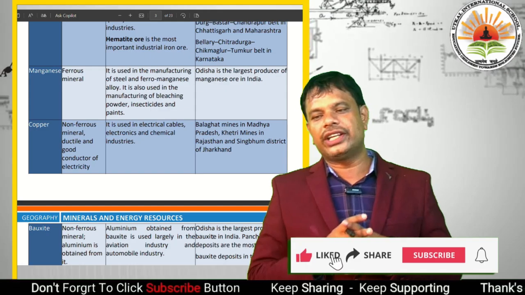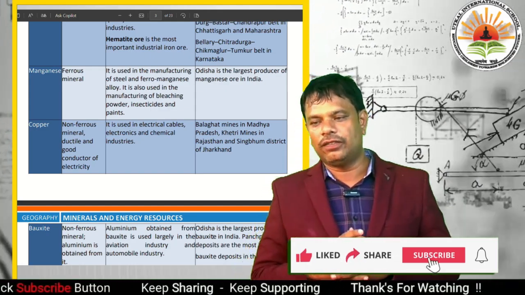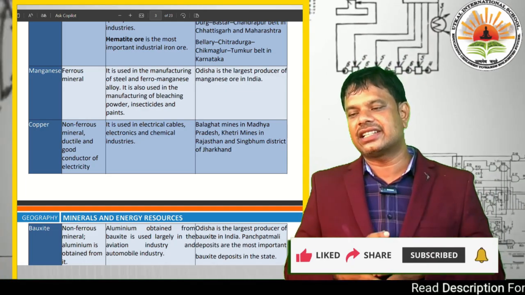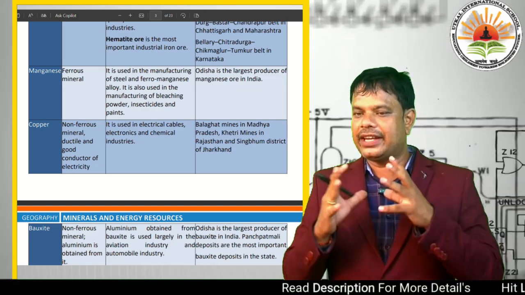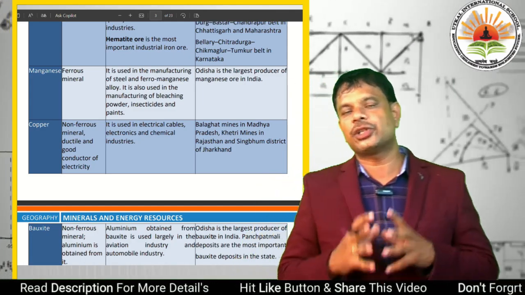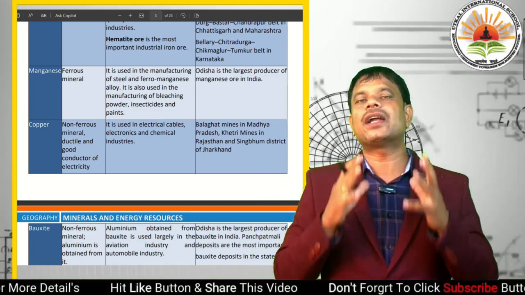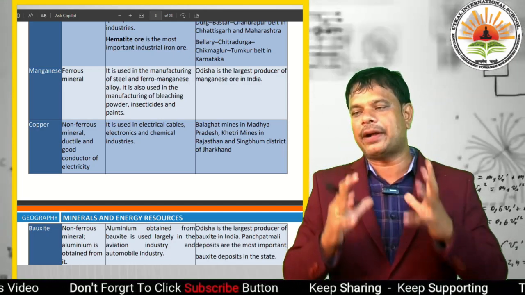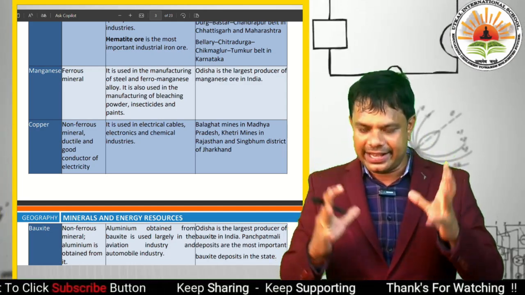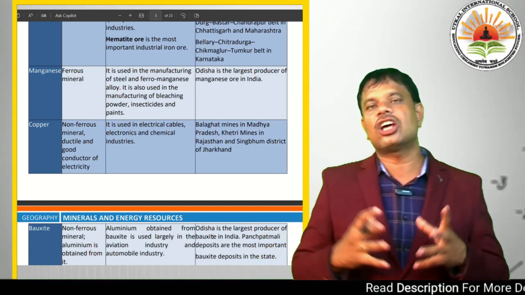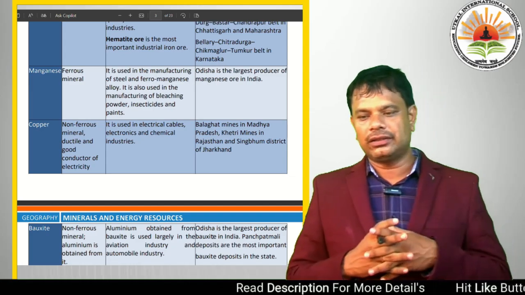It is used in the manufacturing of bleaching powder, insecticides and paints. The main content of paints is also manganese. And dear students, you will be very happy that our state Odisha is the largest producer of manganese ore in India.